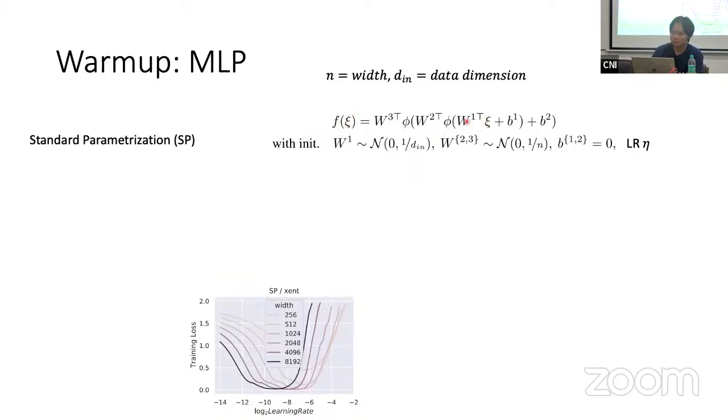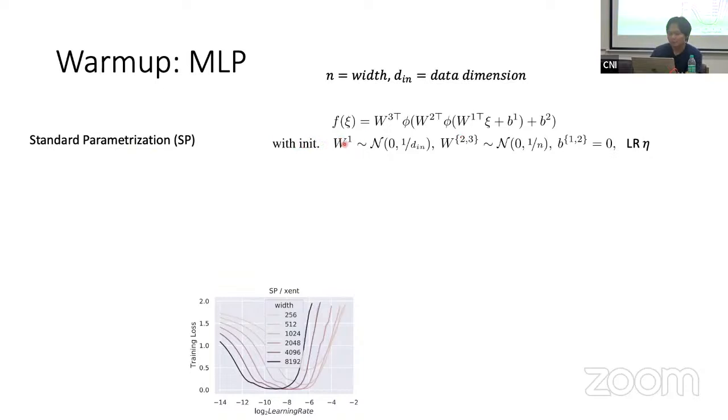You have 3 sets of weights, W1, W2, W3. The input is denoted by psi. And there are some biases, V1 and V2. Here, if you use things like PyTorch, the default way you scale your hyperparameters is given by the standard parametrization.